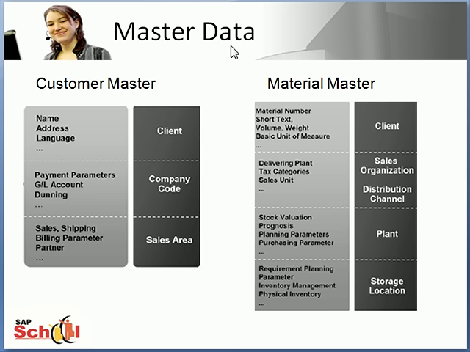The master data is essentially of three different types: customer master, material master, and personnel master, shown on the next slide. So let's talk about customer master first. A customer master contains key information that defines the business relationship between a company and its customer.